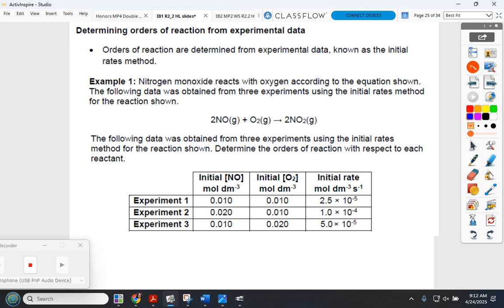So you can see in these example data that we have initial concentrations, both of them at 0.01. They don't have to be the same in the baseline experiment. In some cases they will be.